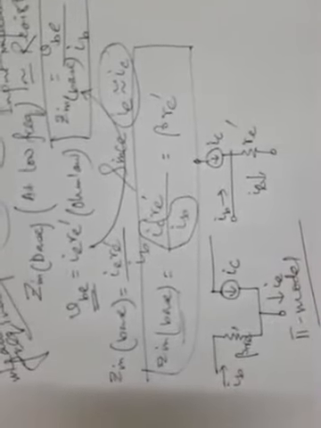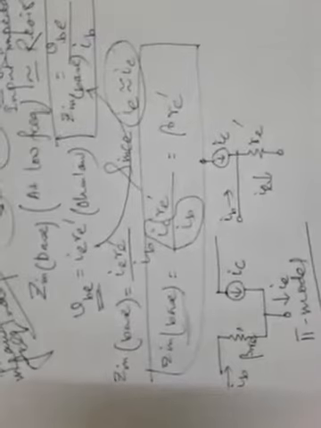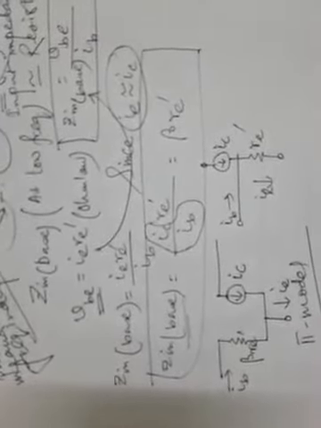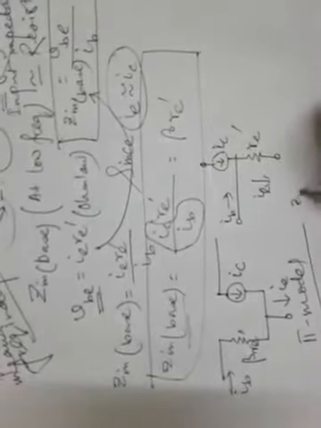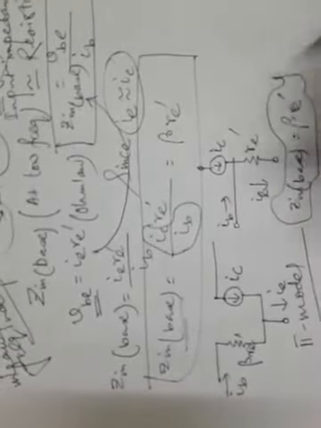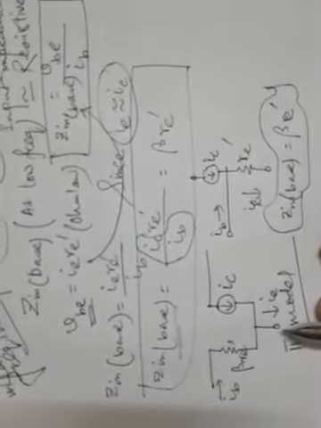Now this is the pi model of the representation of a transistor amplifier. It's a visual representation of the equation Z in base equal to beta RE dashed. So if this is the equation, its visual representation is this pi model.